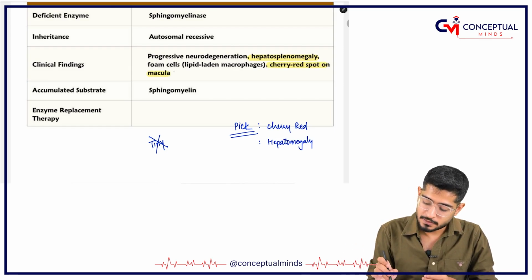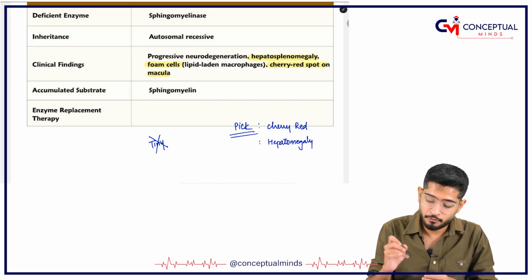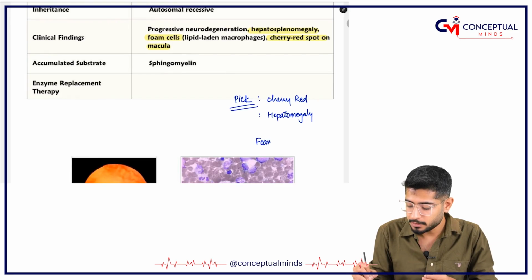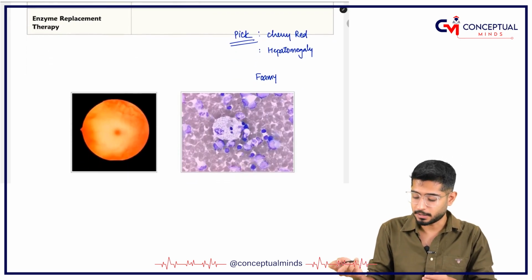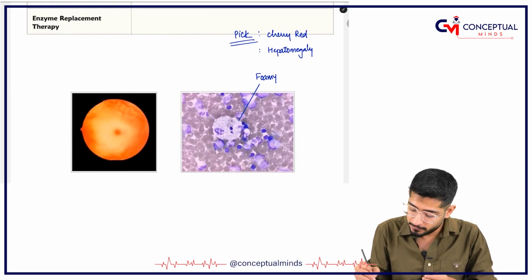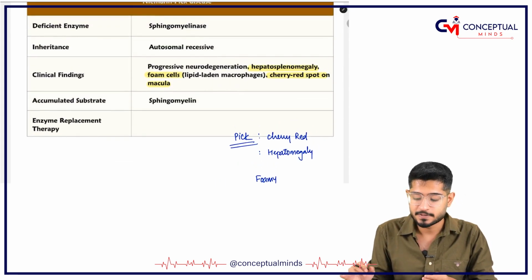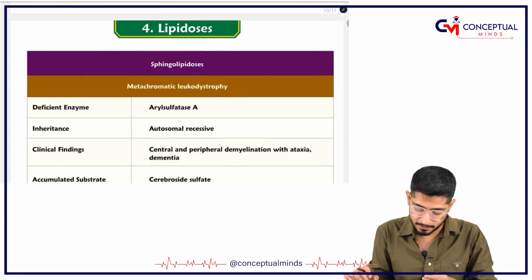And one more important thing is they have foamy cells. Niemann-Pick has foamy cells, of course lipid-laden macrophages. So these are the foamy cells, and this is the cherry red spot. This is actually important, Niemann-Pick disease.